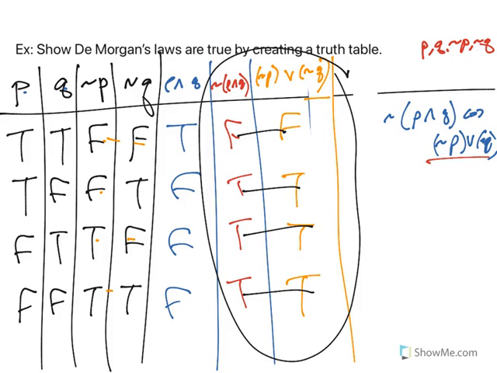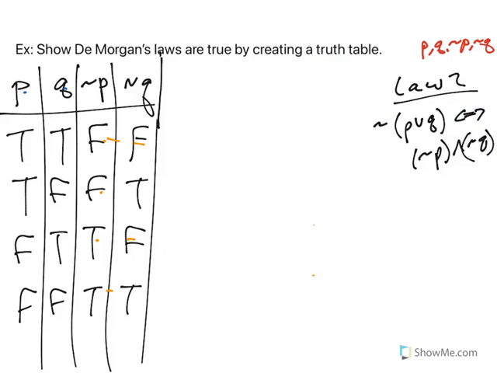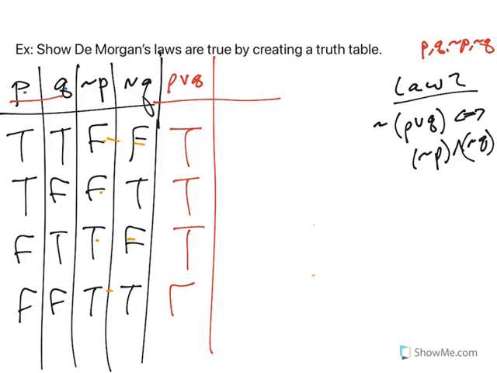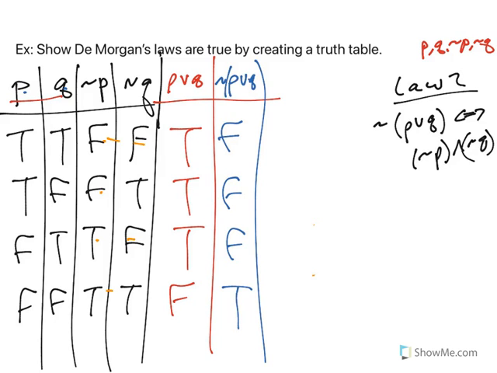Okay, now let's look at the other one. Law 2 is not (P or Q). We're going to start with P or Q. One of them has to be true: true, true, true, false. When it becomes not (P or Q), we flip it: false, false, false, true. That's the left side, the one we're comparing.